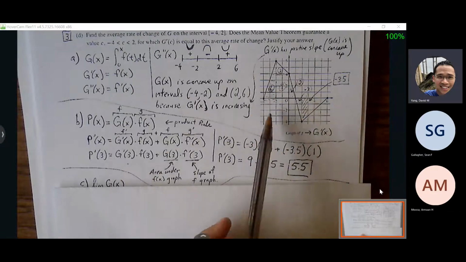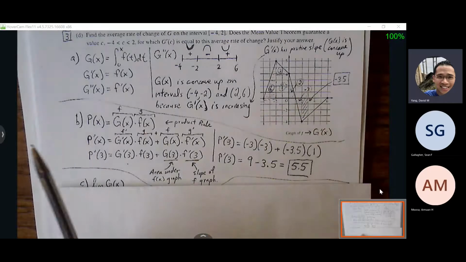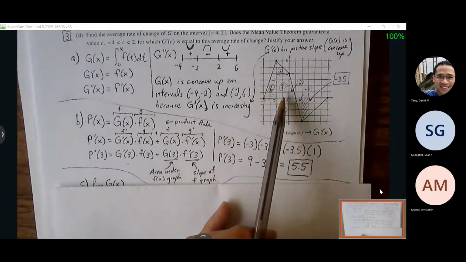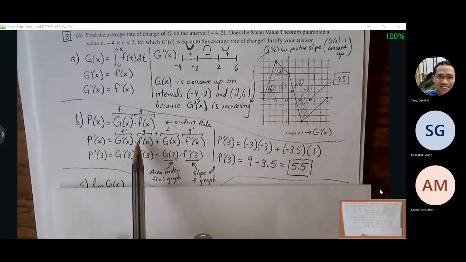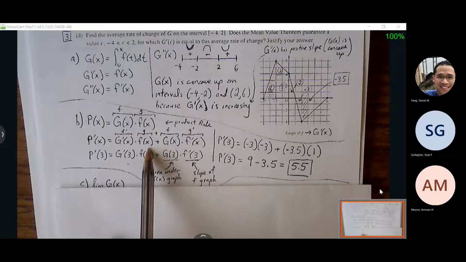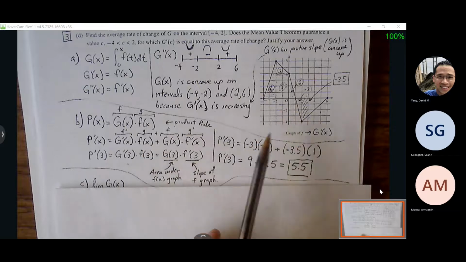This is my g prime graph. So g prime of 3, I can just look for the ordered pair. So g prime of 3 is just equal to -3. f of 3, f and g prime are the same thing, so also -3.